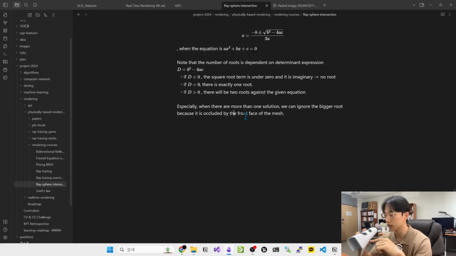But what we can see is only the front face of this sphere. So we have two roots, one smaller than the other, and what we only need to get is the smaller root, because the bigger root is the root that we can't see.